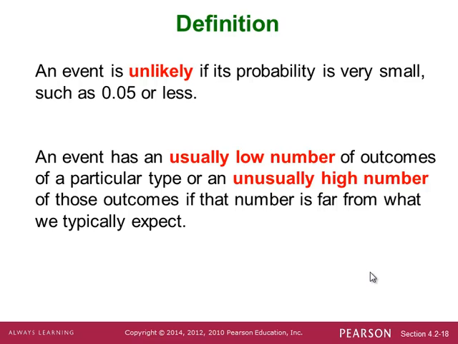As we will see in the future, for most distributions, the probability of an observation being greater than the mean plus 2 standard deviations or less than the mean minus 2 standard deviations is going to be 0.05 or less. And that matches this first statement up here that says that an event is said to be unlikely if its probability is really small, as in 0.05 or less.